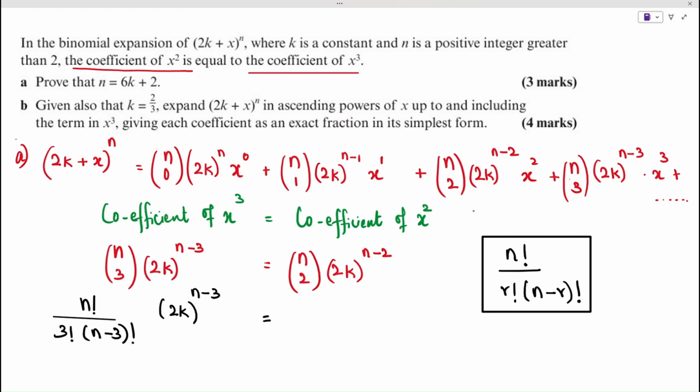And then n choose 2 can be written as n factorial over 2 factorial multiplied by (n-2) factorial, multiplied by (2k)^(n-2).